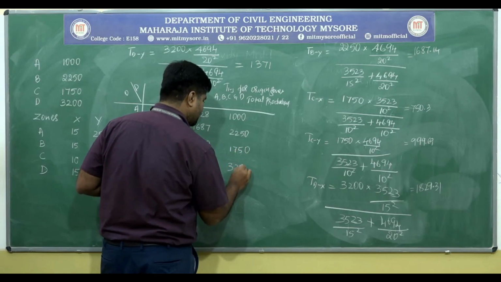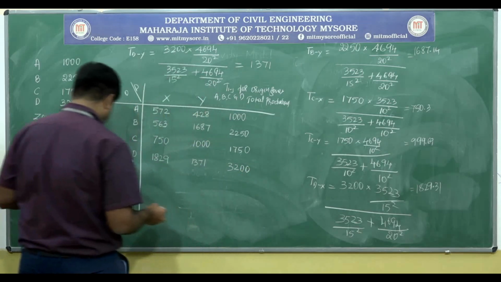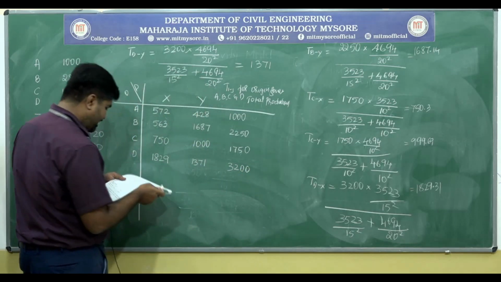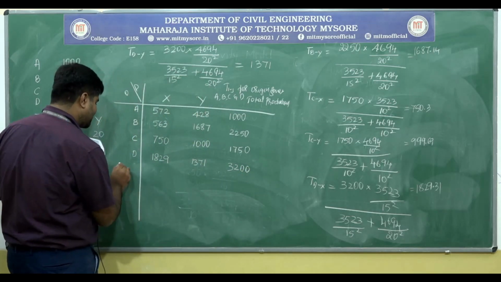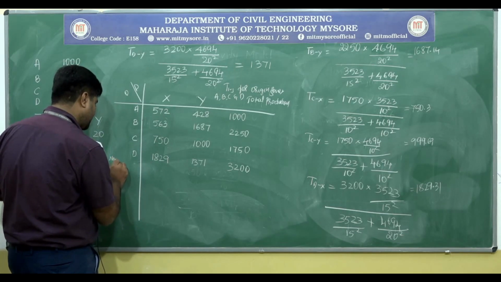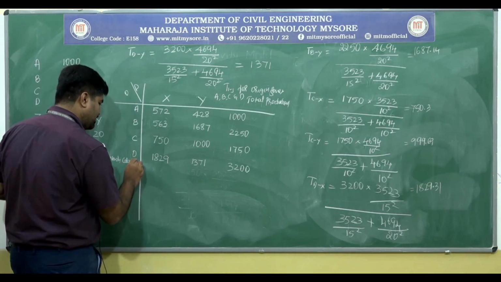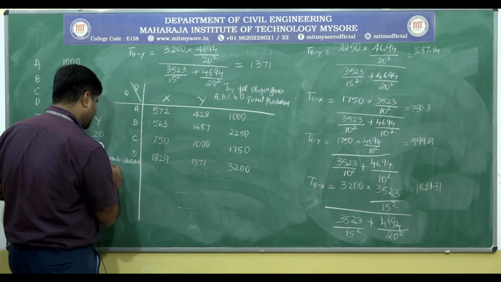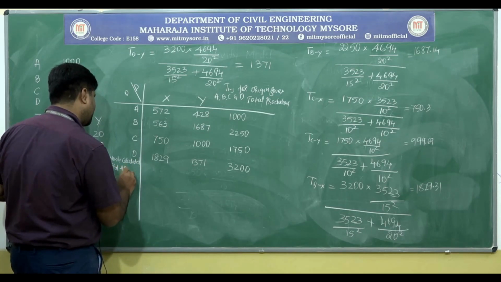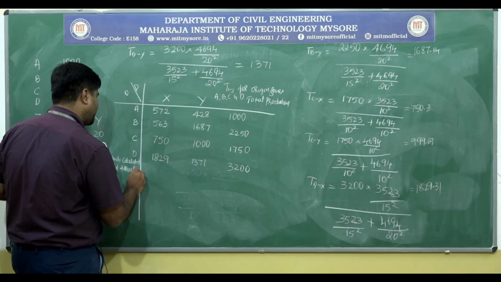Lastly we'll get 3200. Here the newly calculated total attraction.